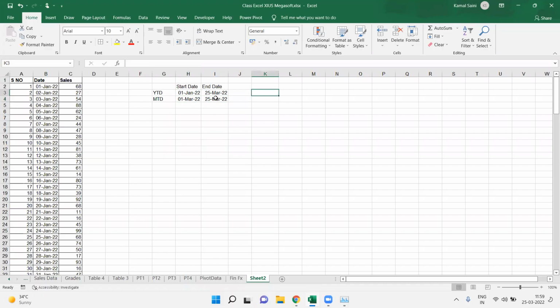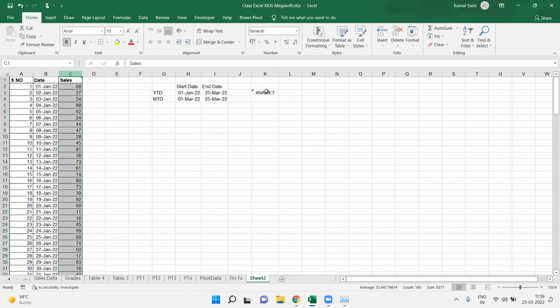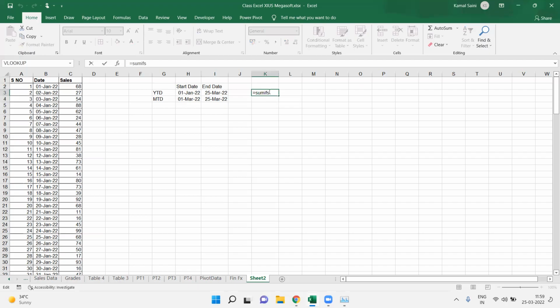Now basically what we need to do: how much sales, what is YTD sales, year till date sales, and month till date sales. This can be simply found using SUMIFS. First is the sum range, which is the sales column.